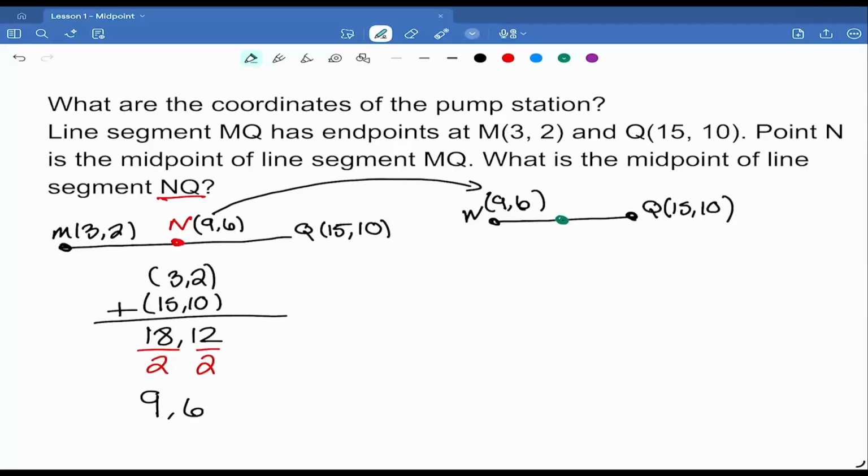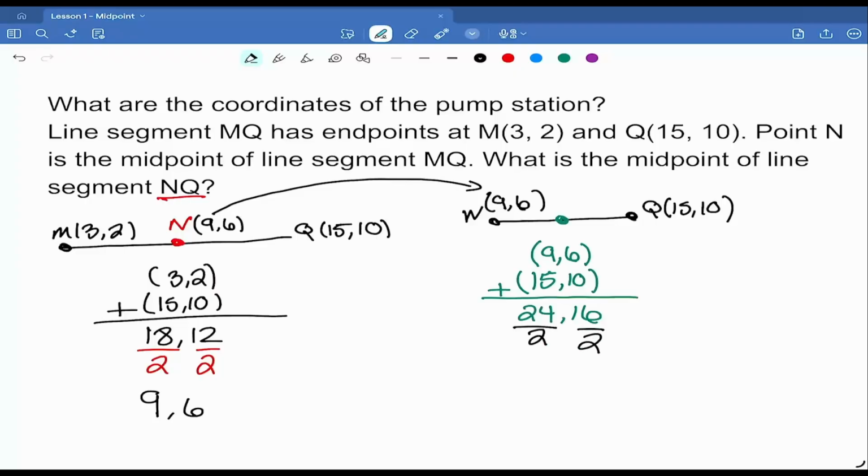Okay, so stack our ordered pairs like we're supposed to. So that's going to be (9, 6) and (15, 10). We add them together. 9 plus 15 is going to give us 24. And then 6 plus 10 makes 16. To get the midpoint, we're going to divide those by 2.